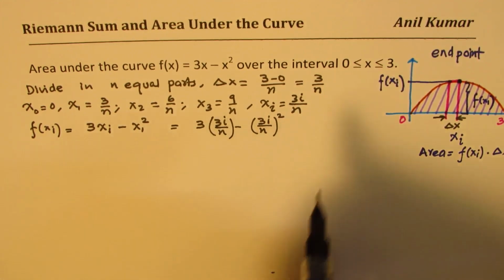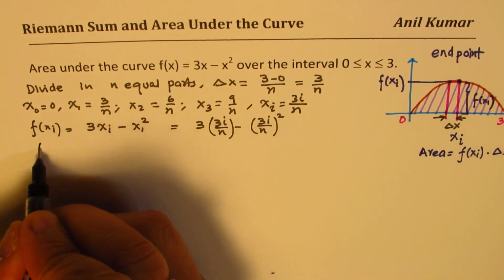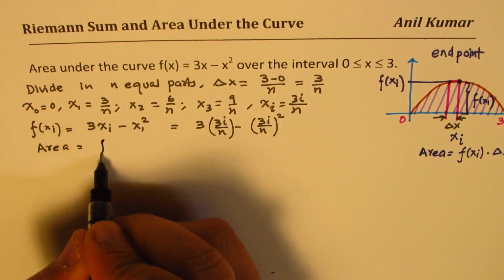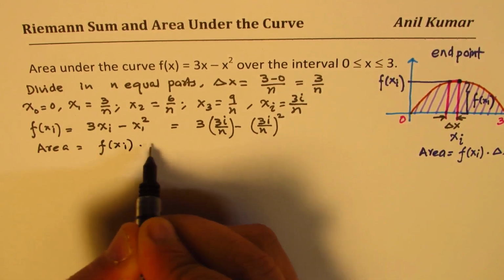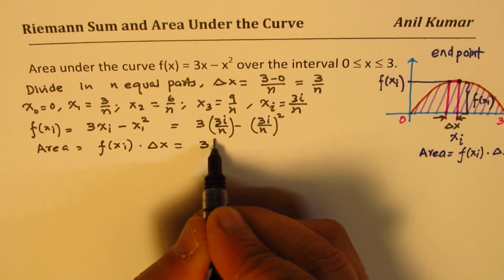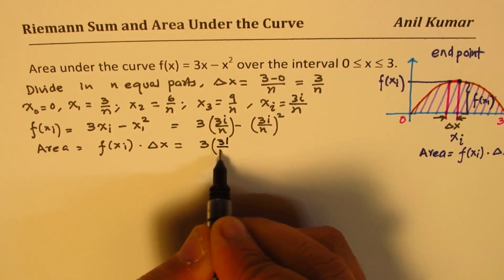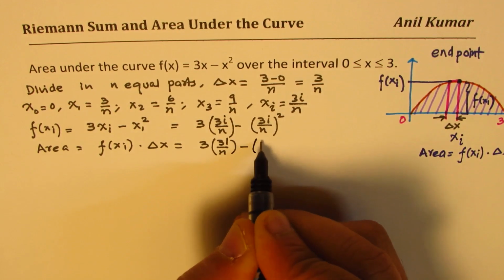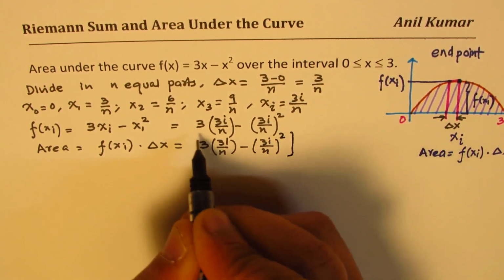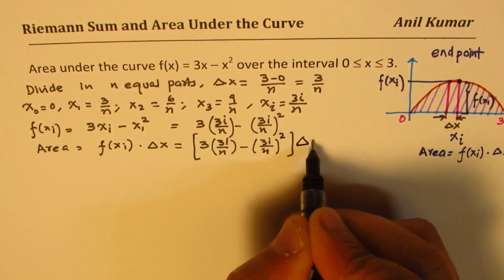Now, what is the area? Area is the product of f of xi times delta x, which means 3 times 3i over n minus 3i over n whole squared, times delta x.